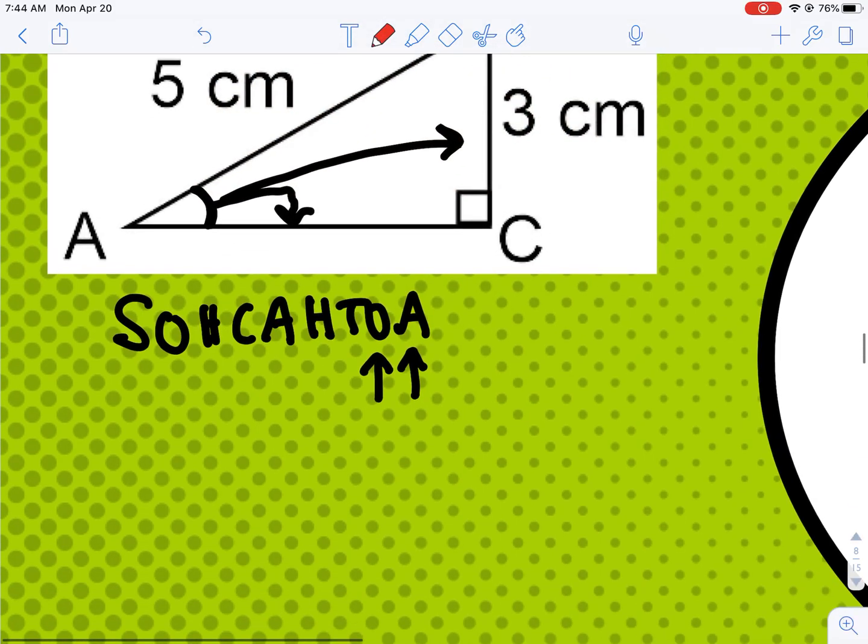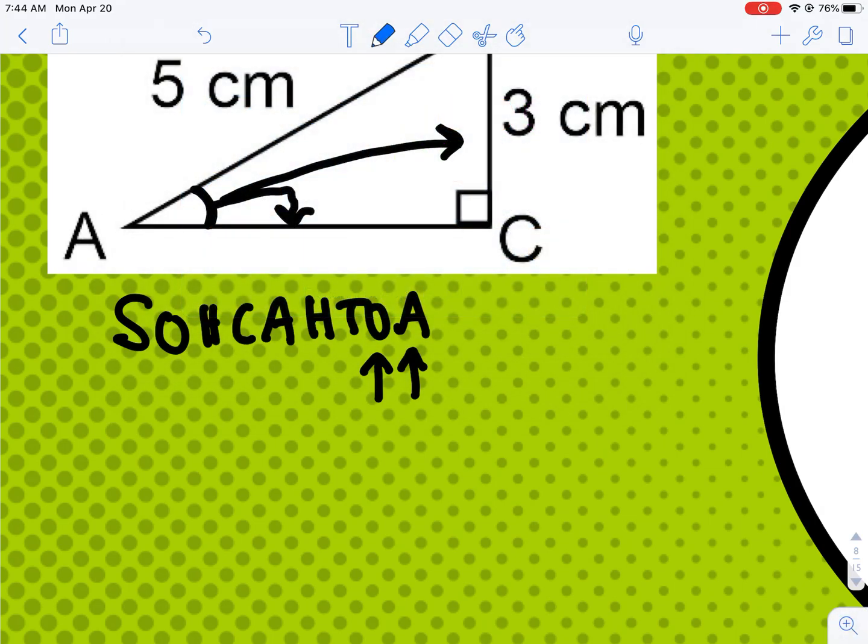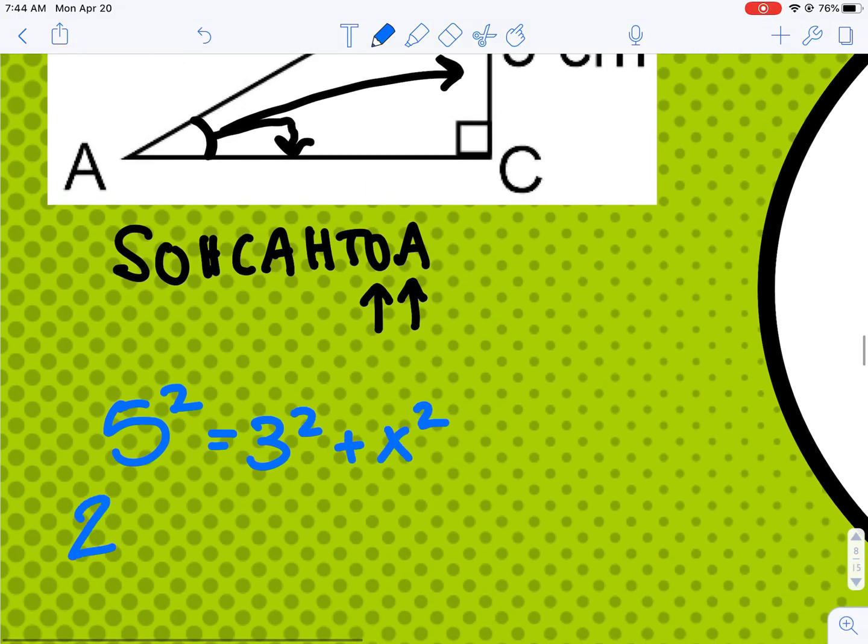Instead, we're going to use the Pythagorean formula, and I'm not going to use red in case any of you are colorblind. So I'm going to do 5 squared equals 3 squared plus x squared.